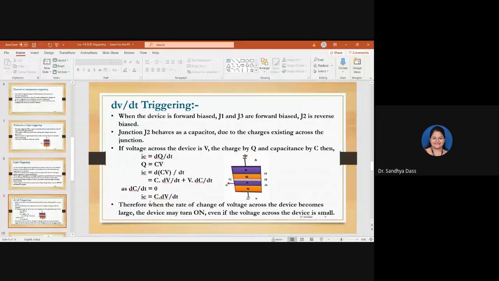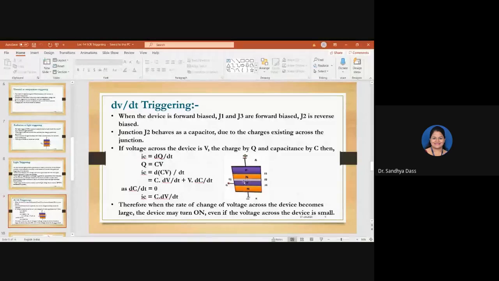So the current flowing across this junction J2 can be given by C into dV by dt, which means the current that can flow mainly depends on the voltage that is varying. The rate of change of voltage with respect to time is what controls the current. I hope you're understanding that.